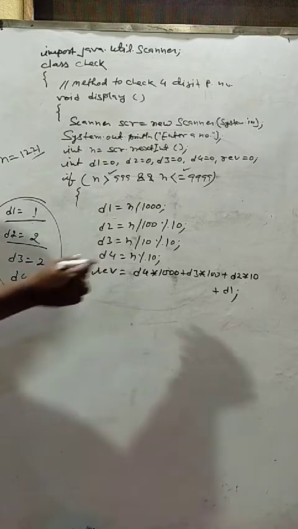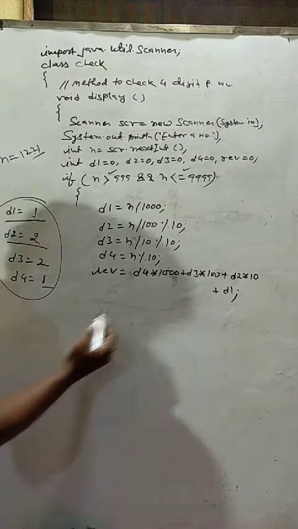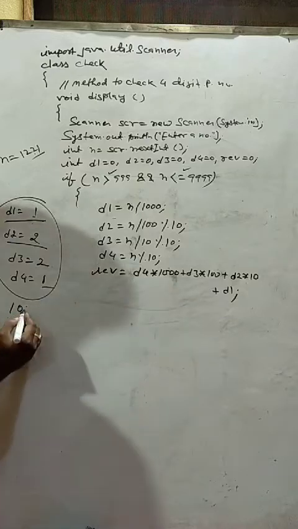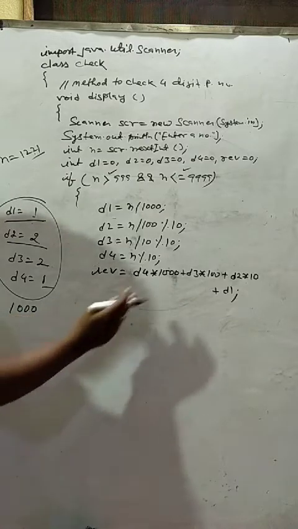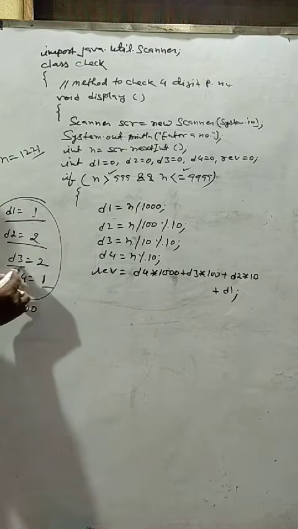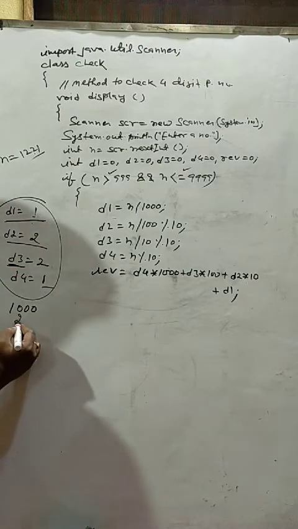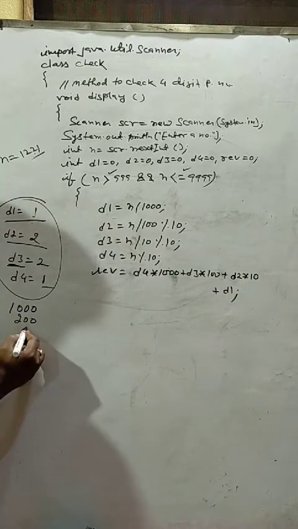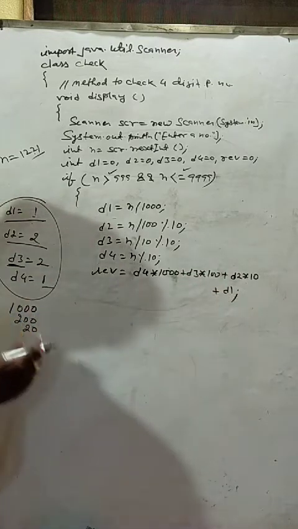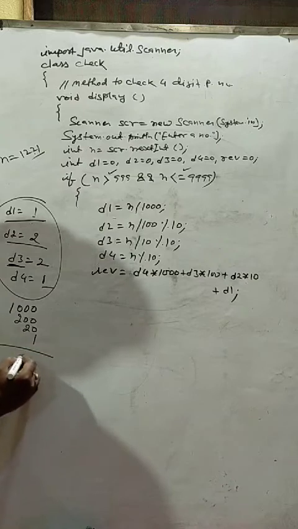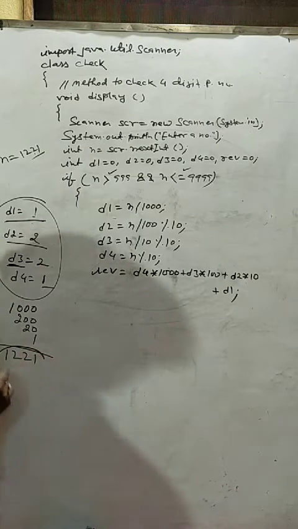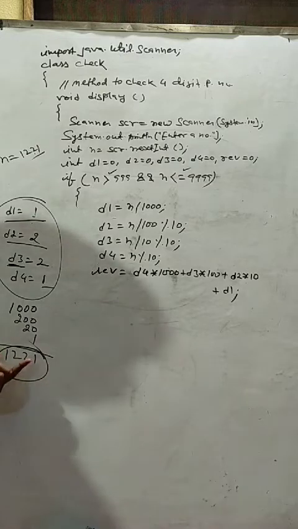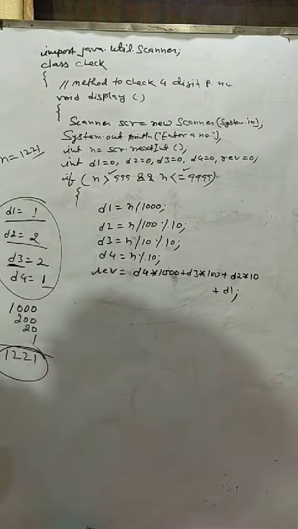So d4 is 1, so 1 into 1000 is 1000. d3 is 2, 2 into 100 is 200, plus d2 into 10, d2 is 2, 2 into 10 is 20, plus d1, d1 is 1, and we will add it. So we will find 1221, and it is the reverse of n.